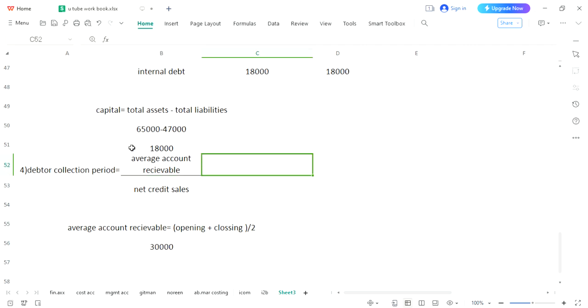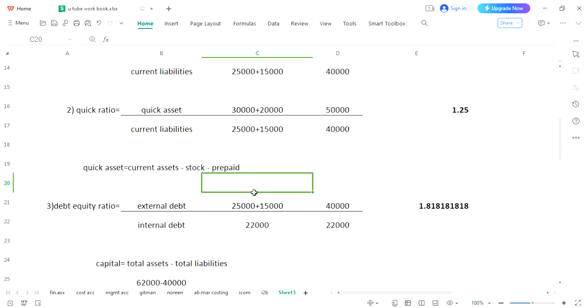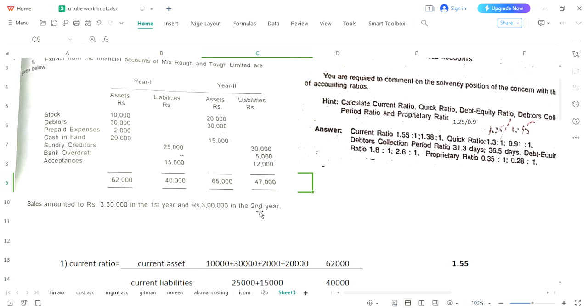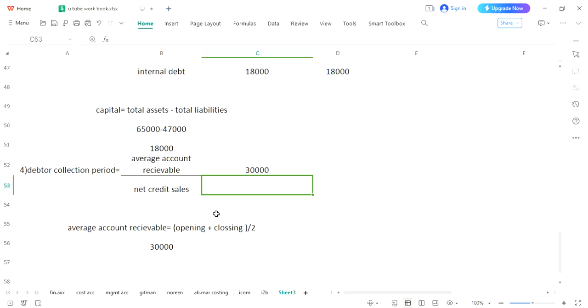So average account receivable is 30,000, and we need to divide it by net credit sales. So here we will calculate net credit sales, and it has already been given: sales for second year 3 lakh. So here you will write 3 lakh and we need to multiply it with 360.